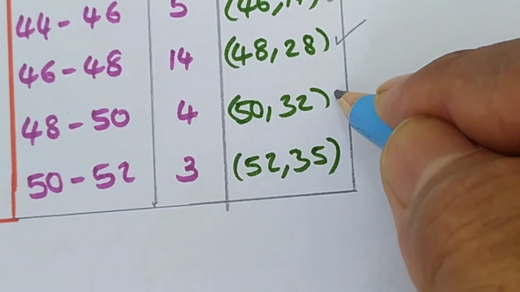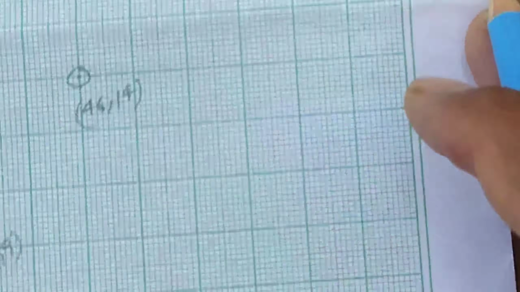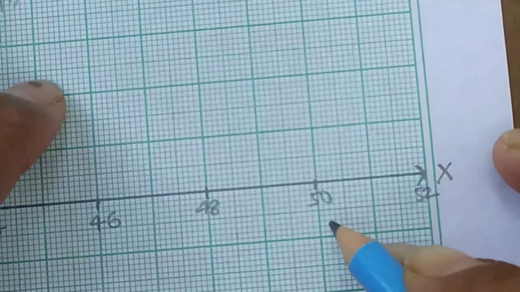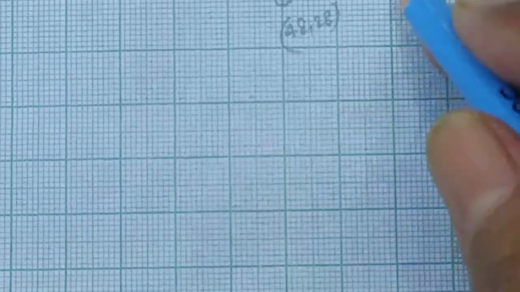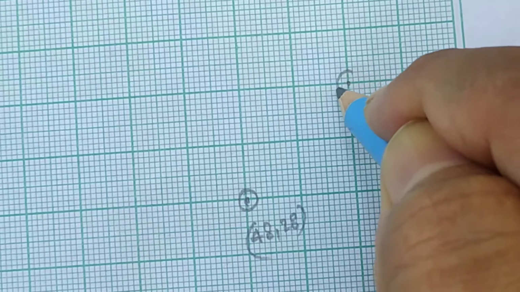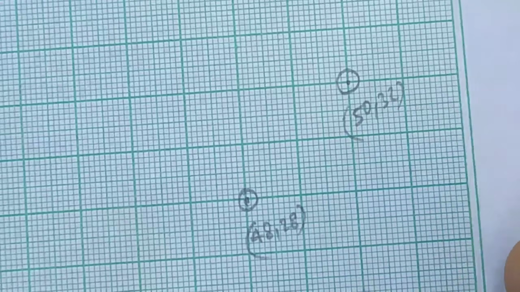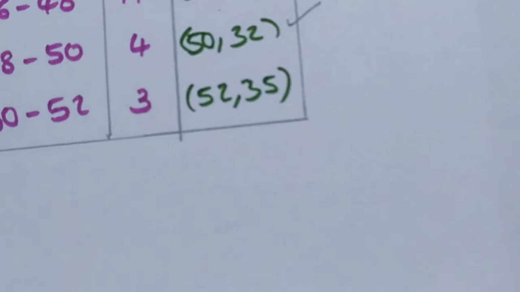Next point is 50 comma 32. See, here is 50 and here is 32. So this point is 50 comma 32. And last point is 52 comma 35.